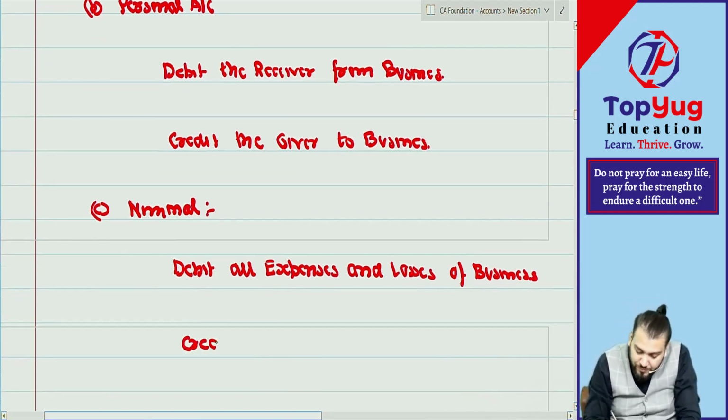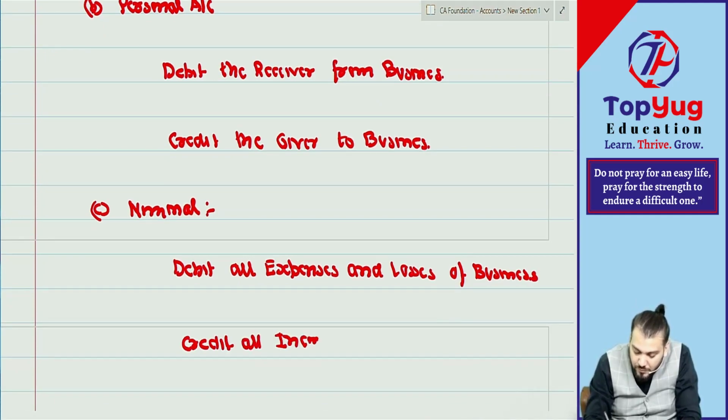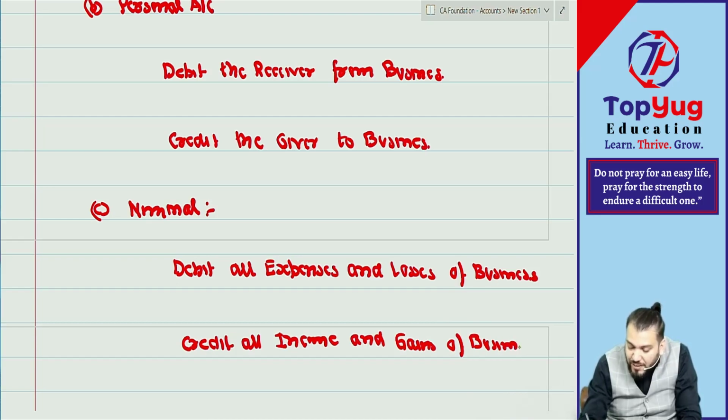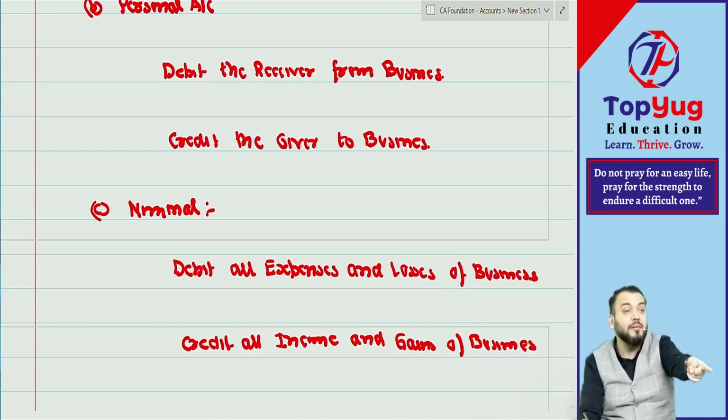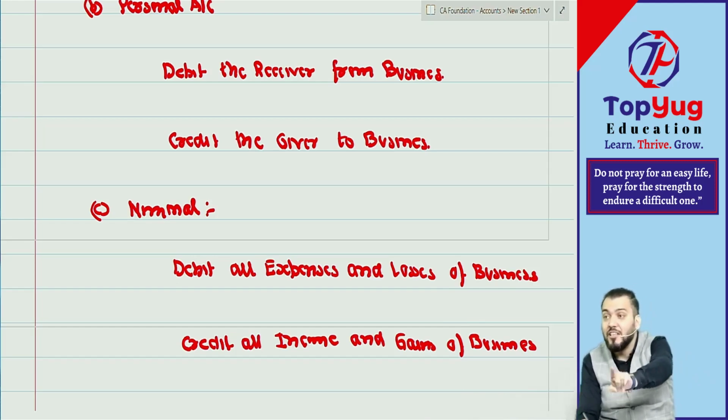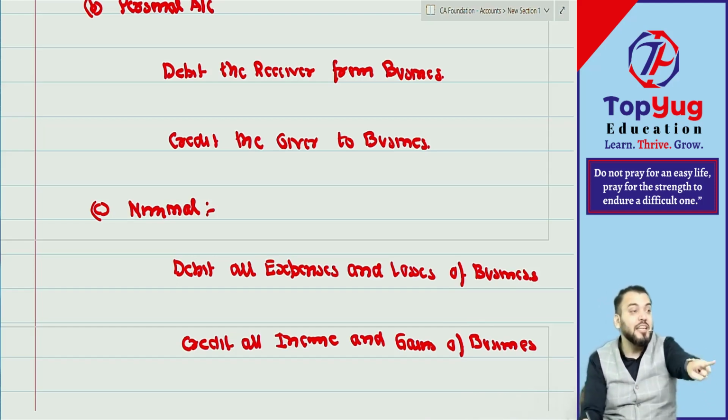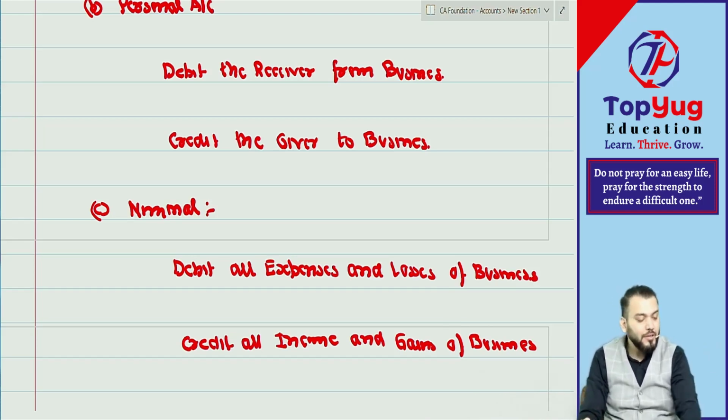Credit all income and gains of business. You need to identify what is income. If you can identify this is income, it will always be credited. If you can identify it is an expense, an expense will always be debited. This is the rule. The rule is fixed, it cannot be changed.